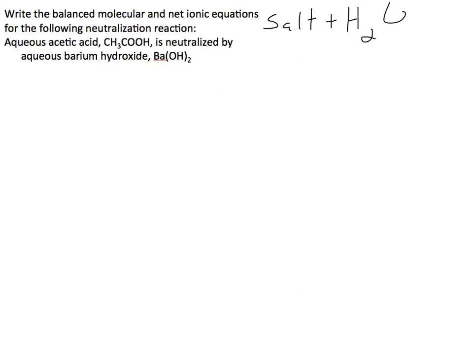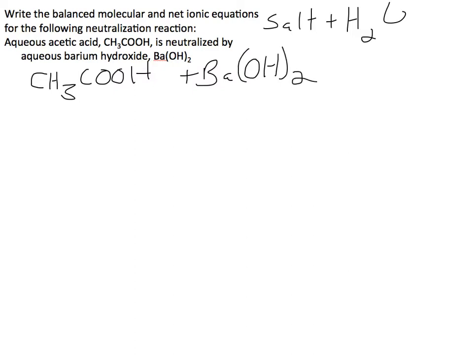And so for this equation, we know that the salt is just going to be the cation of the base and the anion of the acid. Alright, and so we have CH3COOH, and we're reacting that with barium hydroxide.